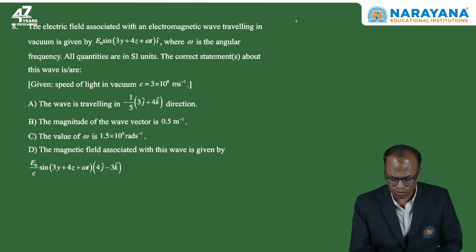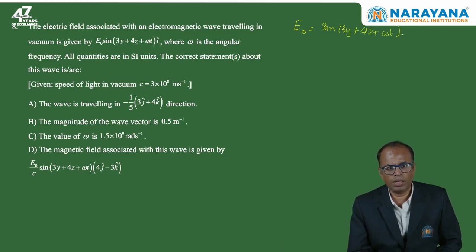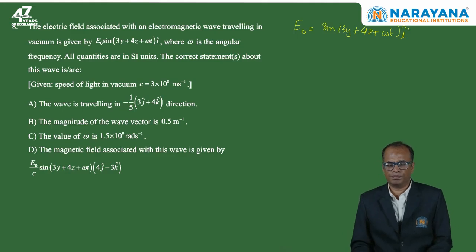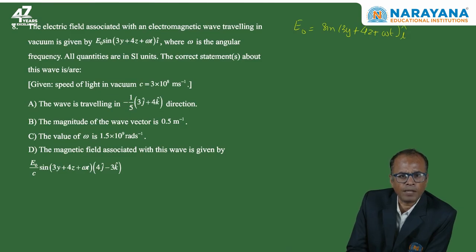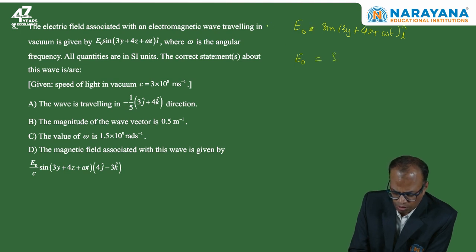All right. So the electric field is given as sin of (3y plus 4z plus omega t) i cap. Yes, so the electric field is in the i cap direction. For the direction of travel, we should think of the equation as E vector equal to E naught sin of (omega t plus or minus k dot r).